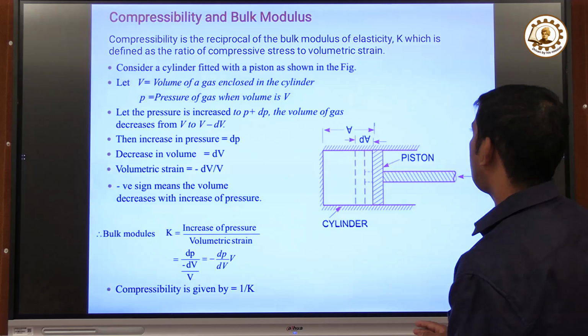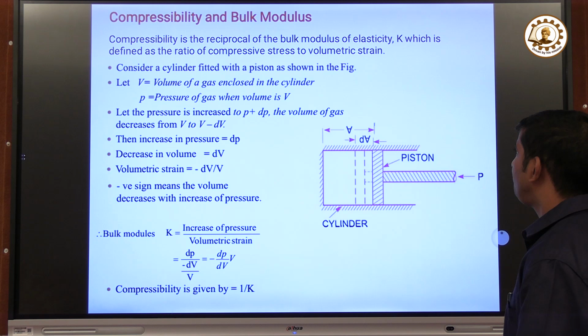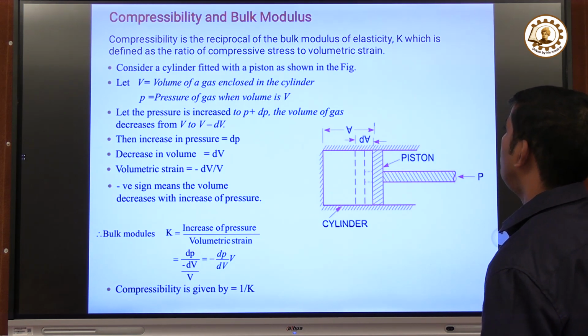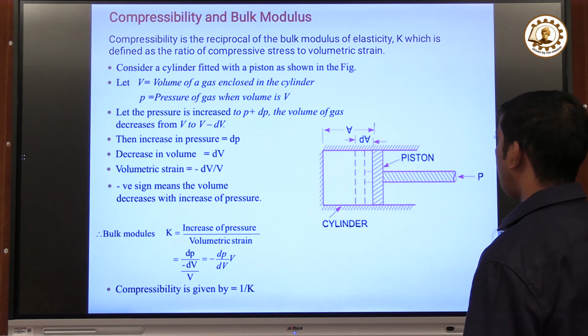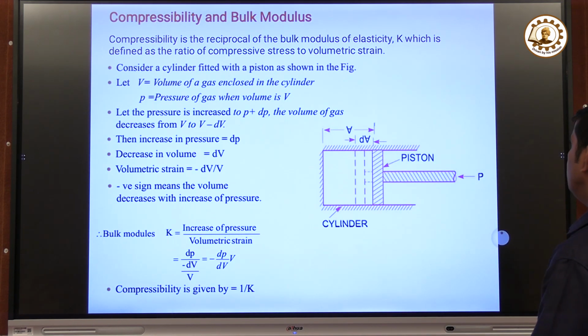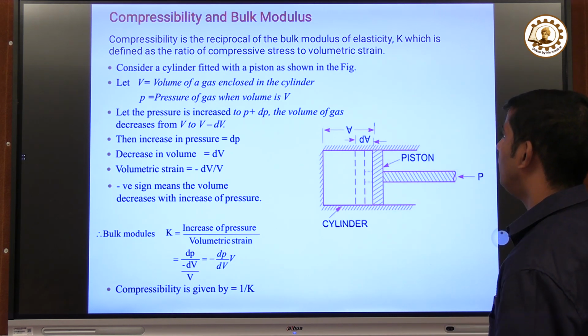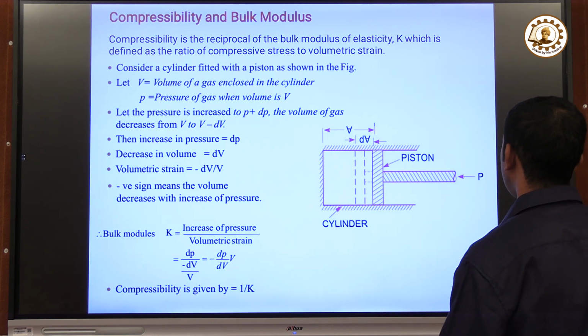Just see, we consider a cylinder fitted with a piston as shown in the figure. Let V be the volume of the gas enclosed in the cylinder, and P the pressure of the gas where the volume is V. Let us consider the pressure is increased to P plus dP when the volume of the gas decreases from V to V minus dV.